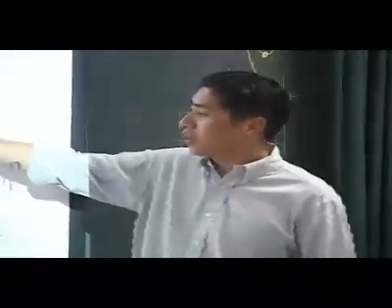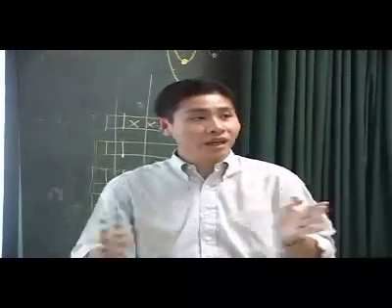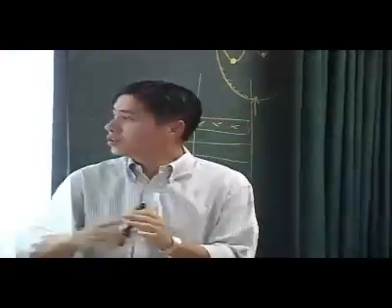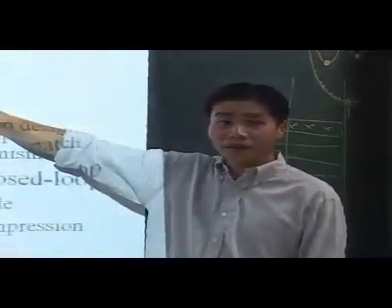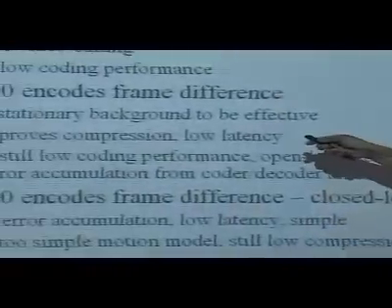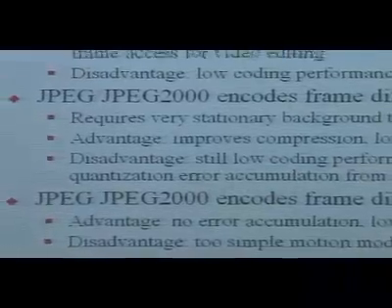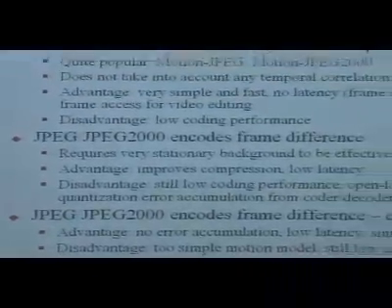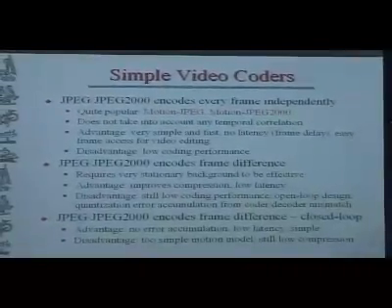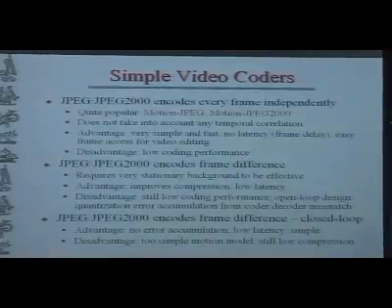Now, one of the other things that we can do is to encode the frame difference. That is the easiest way for us to take care of temporal correlations, to improve performance a little bit. This is not very fancy, but it will do a much more reasonable job than this guy right here. Because when you take the frame difference, you will see that the residue, or the difference, will be very, very small, and if you display it, you will see that it's mainly black. So this is something that we can easily do in MATLAB.